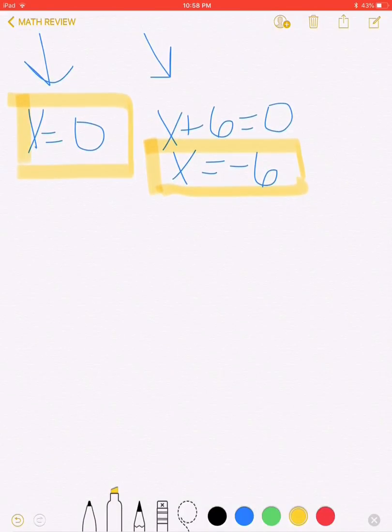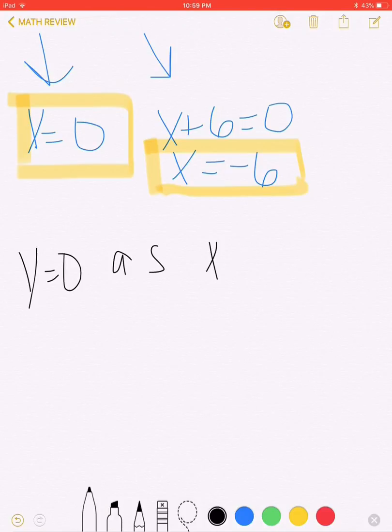And the very last thing is the horizontal asymptote, and that is going to be y equals 0 as x approaches positive or negative infinity. So you show that as y equals 0 as x approaches positive or negative infinity.